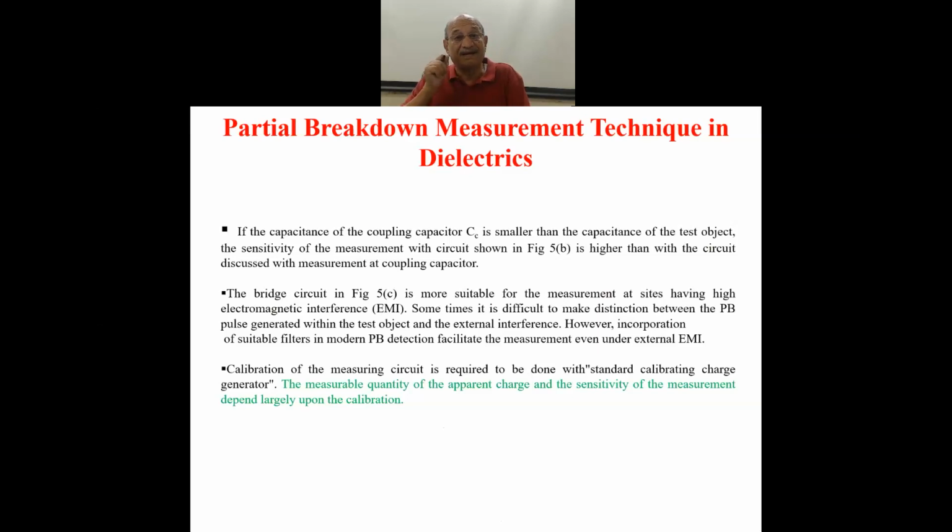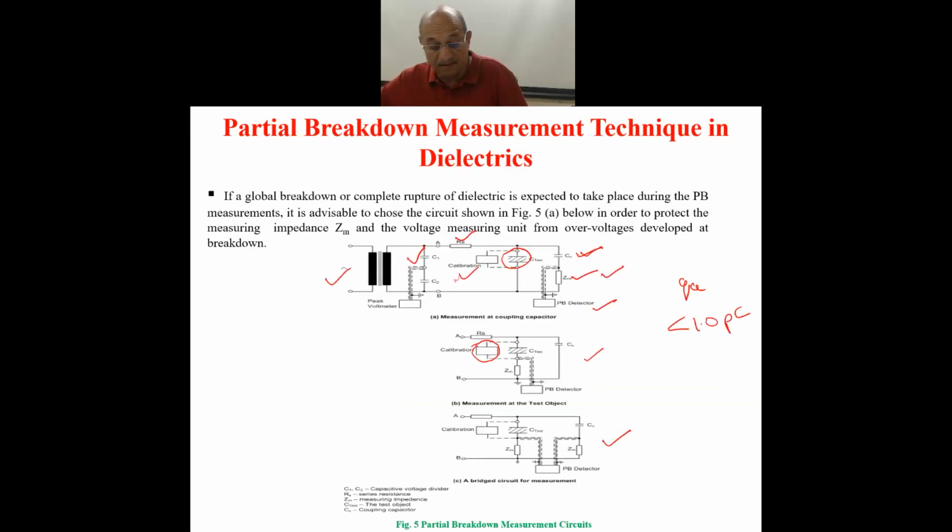That means for higher capacitance test objects, the sensitivity is higher for circuit B. As we can see, circuit B is more suitable for higher capacitance test objects. We are not actually dividing the capacitance here. We are measuring over the high capacitance test object.